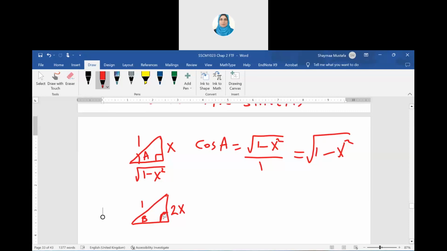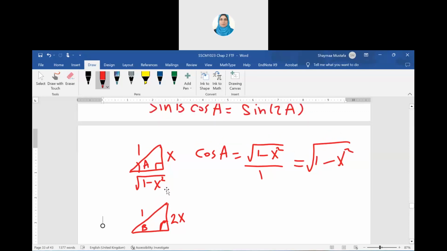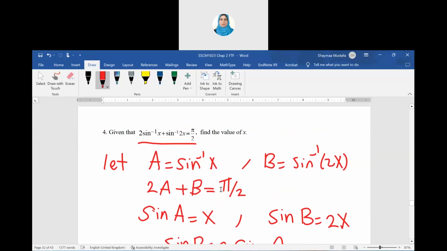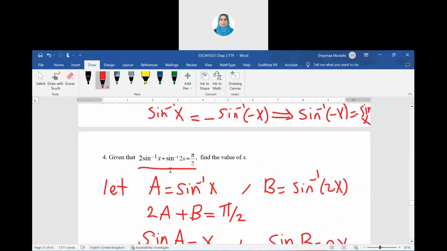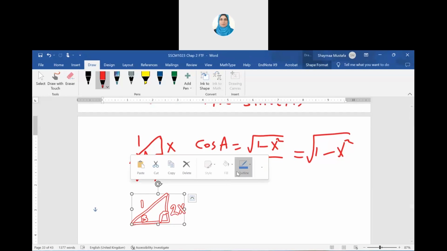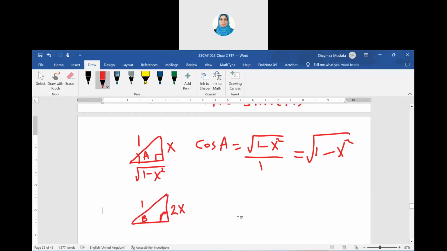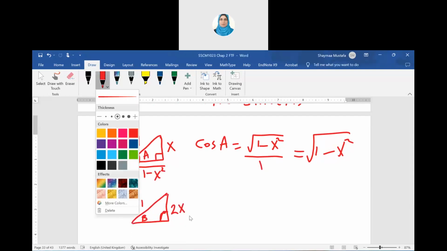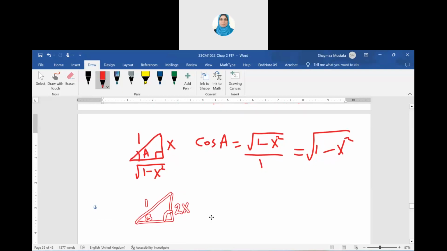This angle here should be equal to pi over 2 minus b. If you look at this relation, pi over 2 minus b, this is the equation that we solved from the beginning. This one, 2a plus b is equal to pi over 2. This means that pi over 2 minus b is 2a.